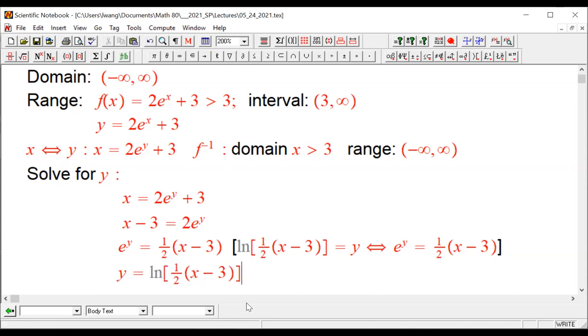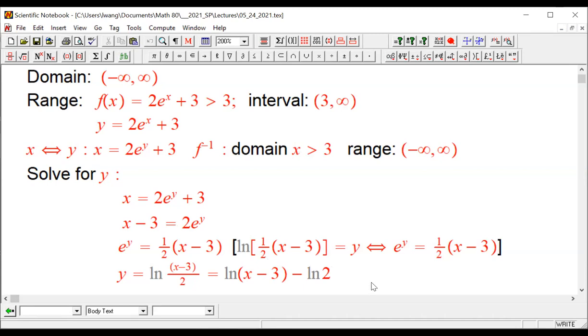If you'd like to apply the quotient rule, because you can take this and put it on the top, you can apply the quotient rule and have ln of x minus 3 minus ln 2.